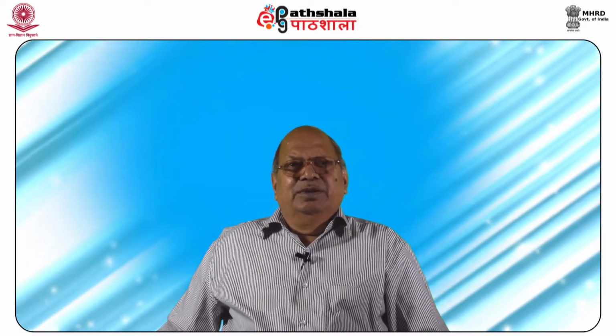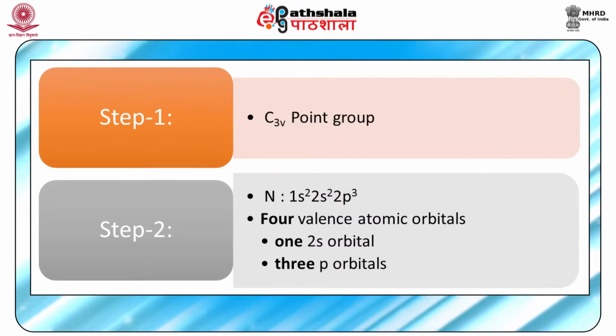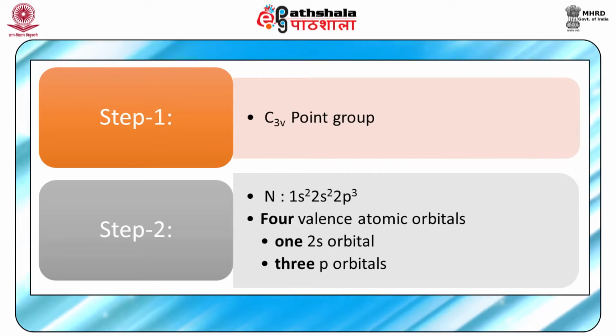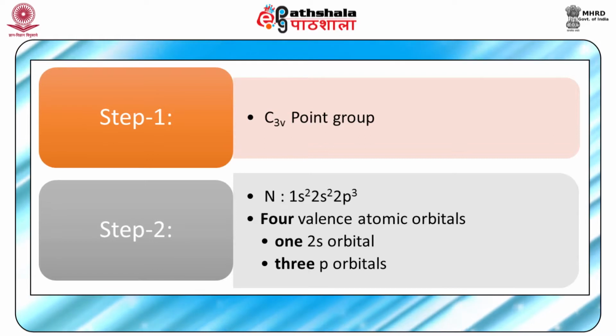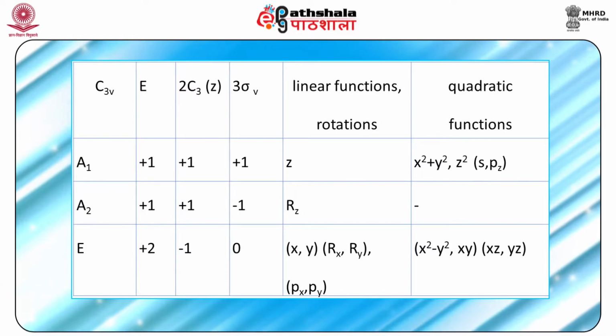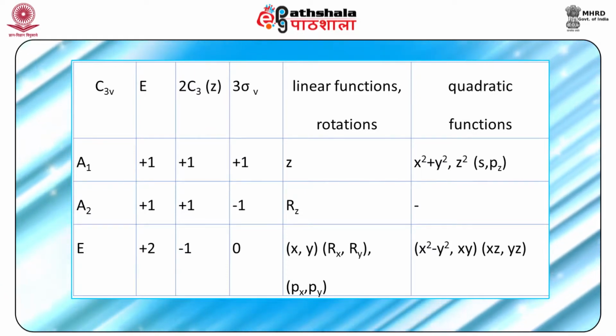In the second step, let us look at the central atom nitrogen, whose electronic configuration is 1s2, 2s2, 2p3. Thus the valence atomic orbitals are one 2s orbital and three 2p orbitals, that is 4 orbitals. The symmetries of the atomic orbitals under C3v symmetry can be read from the character table of the C3v point group, and these are given as shown over here.